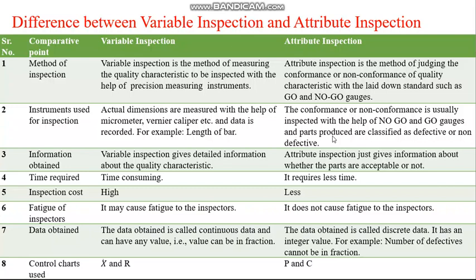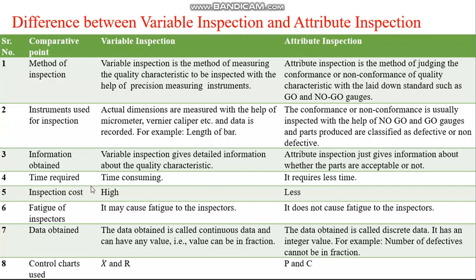In variable inspection, exactly so many millimeters, so many fractions of millimeter, even micrometers, you will be able to say about the dimension or the quality characteristic of an object. Whereas the information obtained in attribute inspection only says whether it is accepted or not.